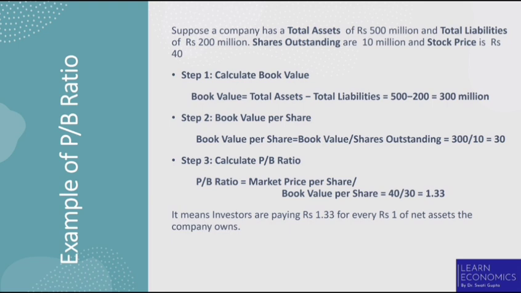Market price per share is 40 rupees and book value per share is 30 rupees. So, PB ratio is 1.33. It means investors are paying rupees 1.33 for each rupee 1 of the company's net assets.